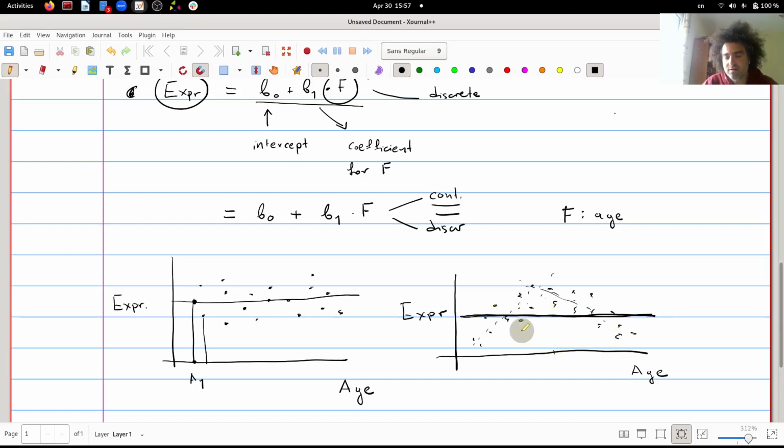And again here it seems that the expression value does not change with the age, which is obviously wrong, because the expression value increases with the age and then decreases again. But if we are forced to fit a single straight line, then what we see is something like that.